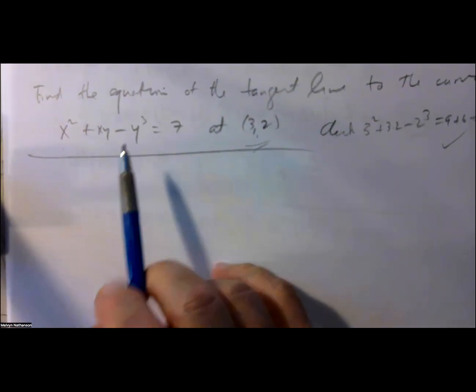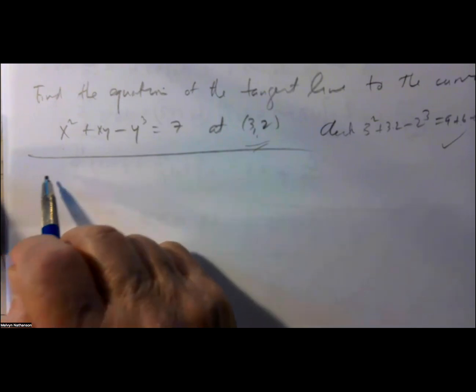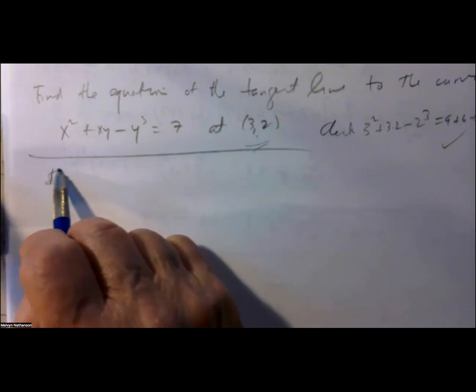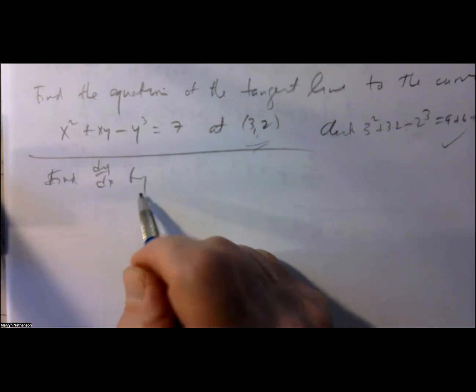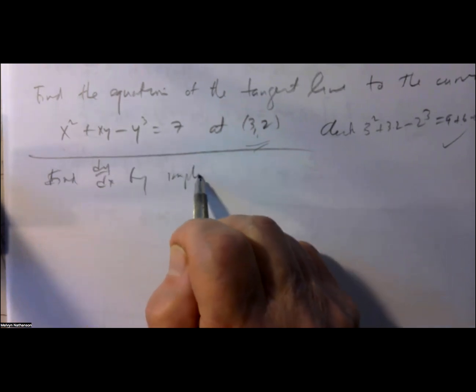At any point on this curve, what is the derivative? So we want to find dy dx by implicit differentiation.